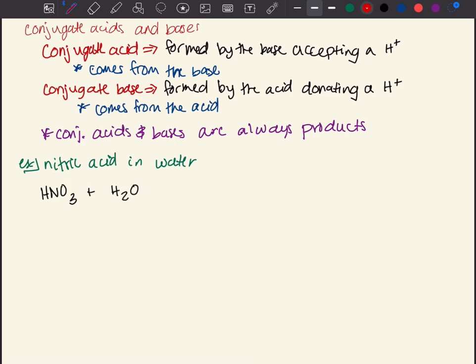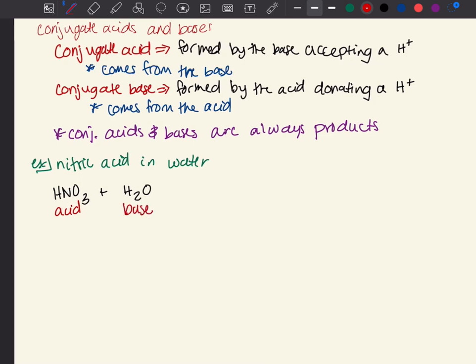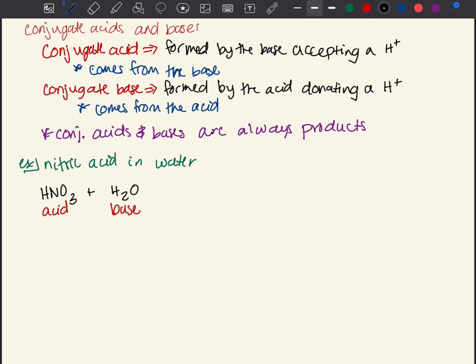Now, nitric acid is my acid, and it's going to donate a proton, whereas when water is in an acidic environment, it is going to behave as a base. So it's going to take on that proton. So when water accepts that proton, it becomes hydronium ion. And when nitric acid loses that proton, it becomes nitrate.